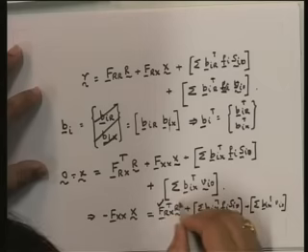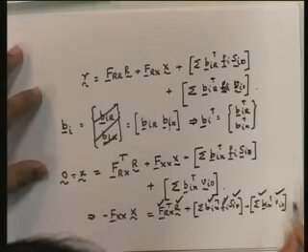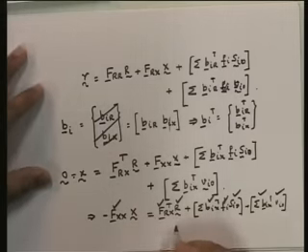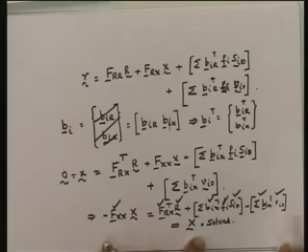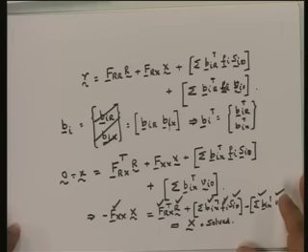Note that I know this, I know this, and I know this. So I can solve this for X. Once I solve for X, I can substitute that in here and I can get the displacements.